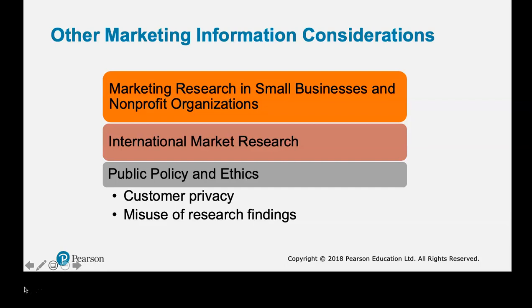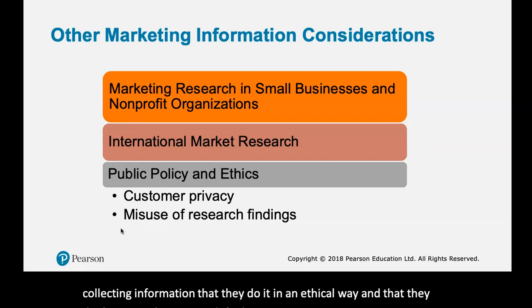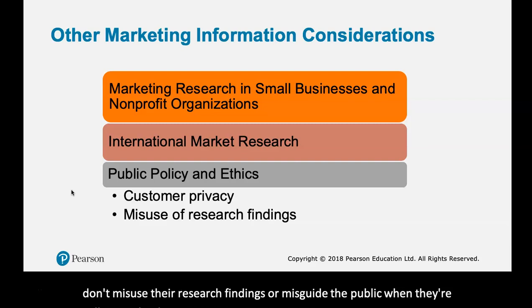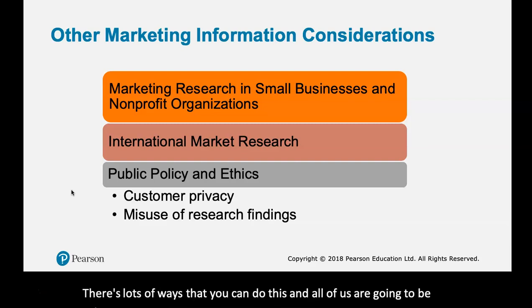One thing that companies have to do is make sure that if they are collecting information, that they do it in an ethical way and that they don't misuse their research findings or misguide the public when they're collecting the data. There's lots of ways that you can do this, and all of us are going to be subject to this during this political season over the next couple months because of the presidential election.